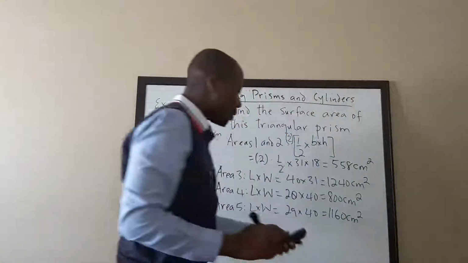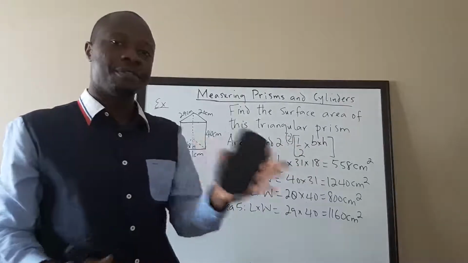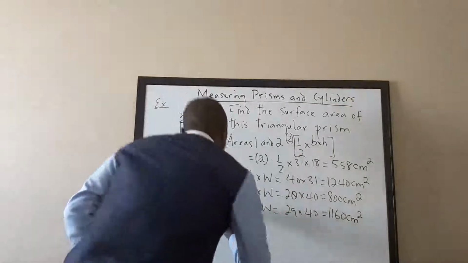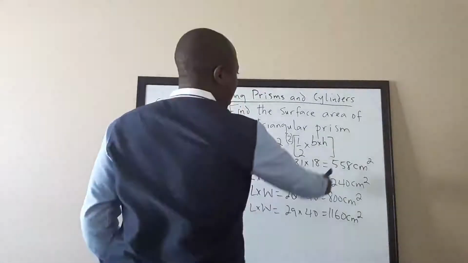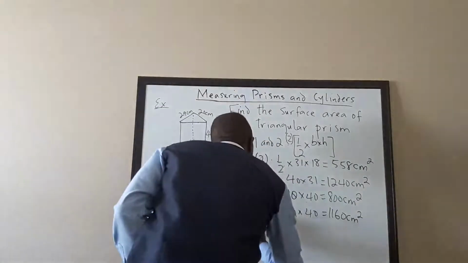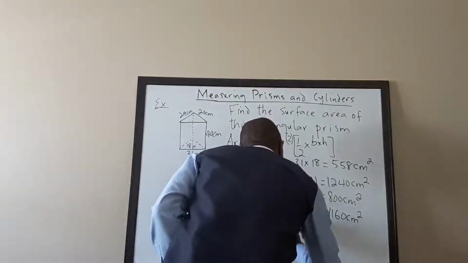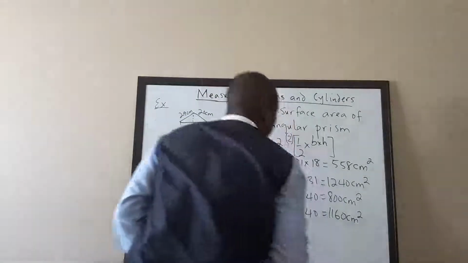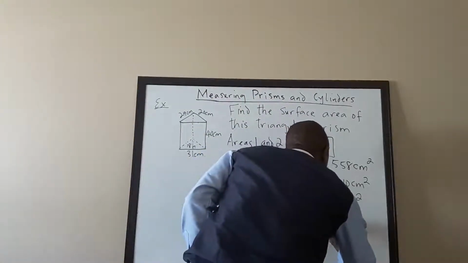So my total surface area is going to be the addition of all 5 of them together. So total, I'm going to have 558 plus 1240 plus 800 plus 1160.